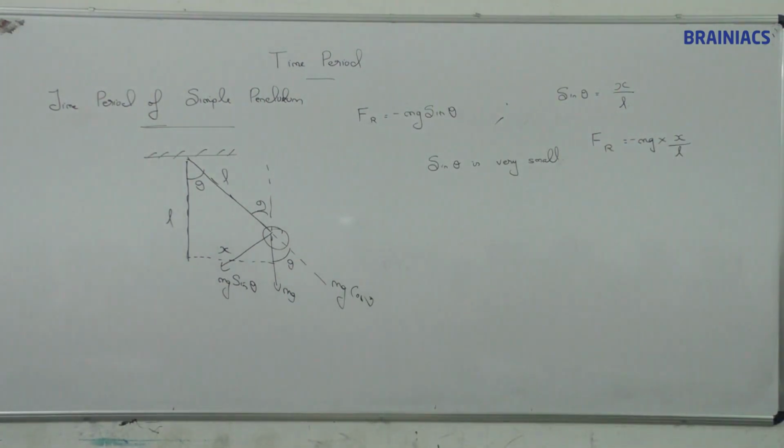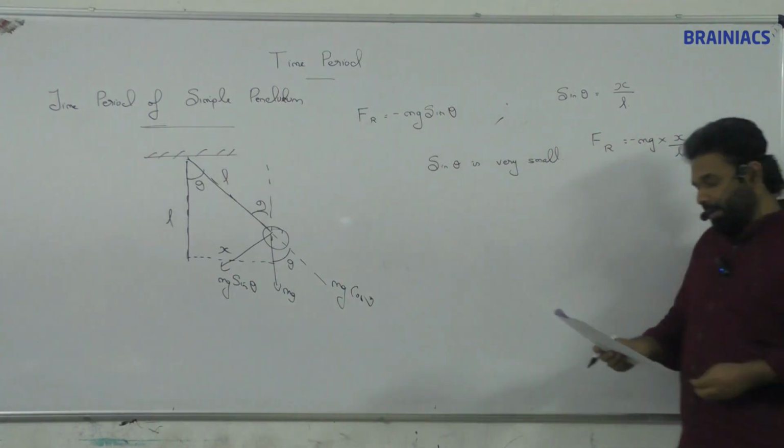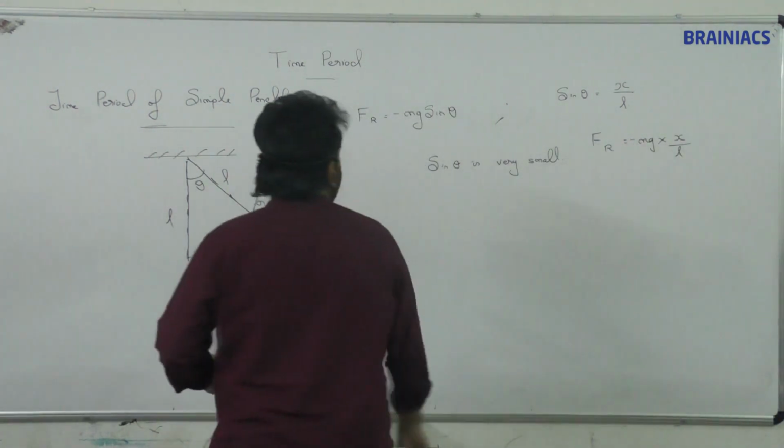Now we will equate this with the general equation of force, that is, the equation of acceleration for simple harmonic motion. So we will equate with that and we will be able to find the answer.